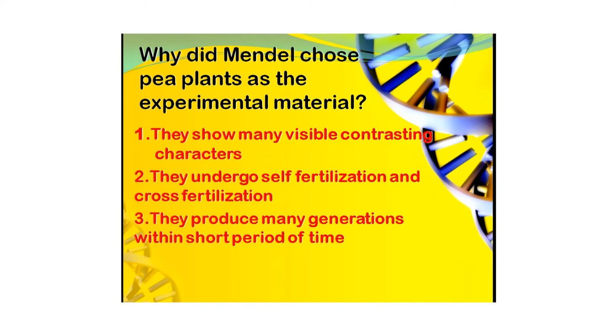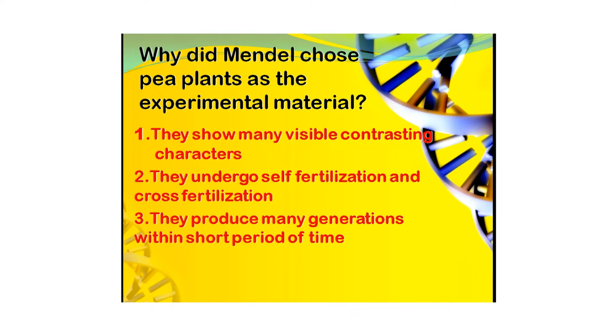The second reason, they are feasible to undergo self pollination as well as cross pollination. So self pollination is nothing but where the pollen is getting transferred from the anther to the stigma within the same flower, or it may be a different flower in the same plant.